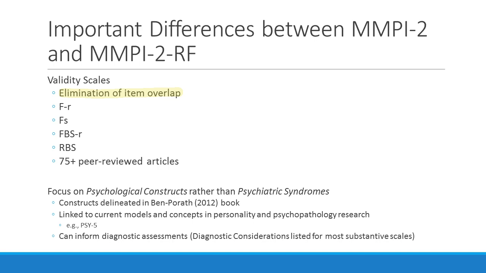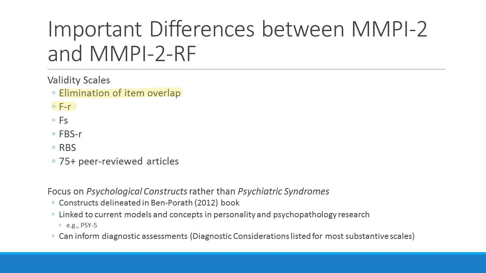And the Fr scale, which is the infrequent responses scale and a revised version of its MMPI-2 counterpart, is rather substantially revised because it consists of infrequent items in the MMPI-2 normative sample, and more specifically, items that are endorsed 10% or less of the time in both men and women.